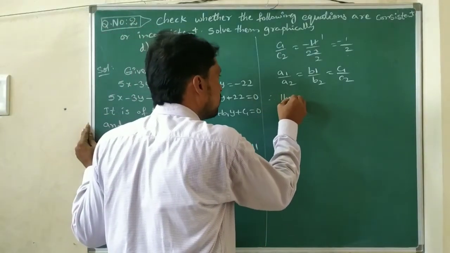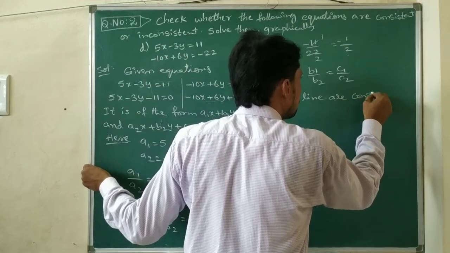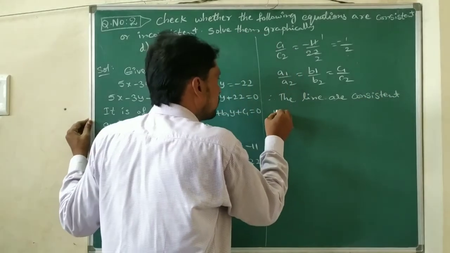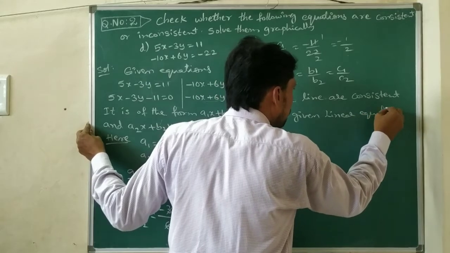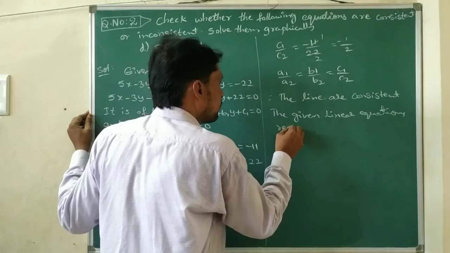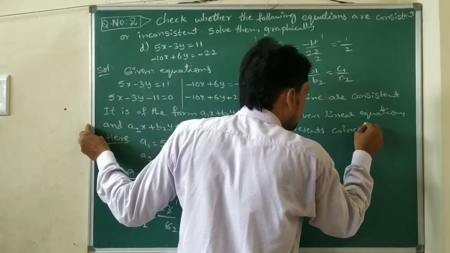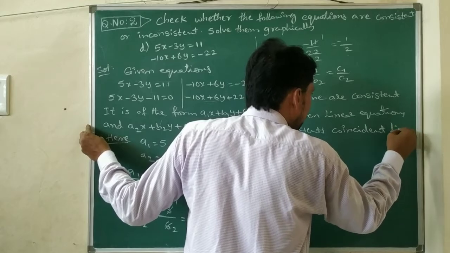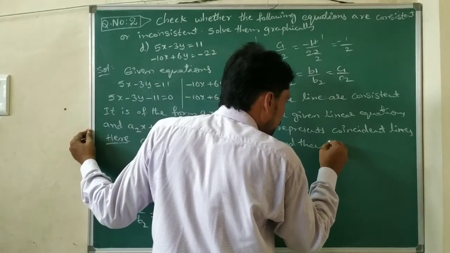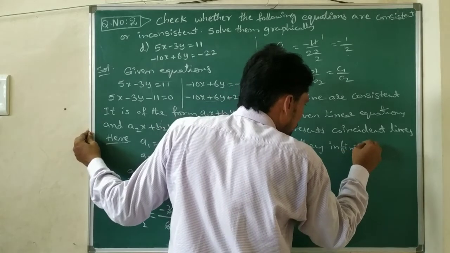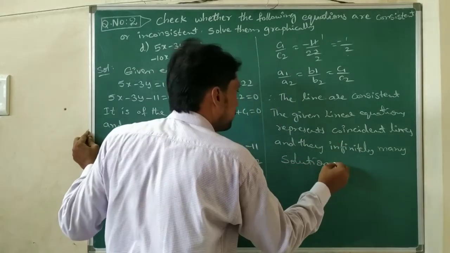So therefore the lines are consistent. The given linear equations represent coincident lines, and they have infinitely many solutions.